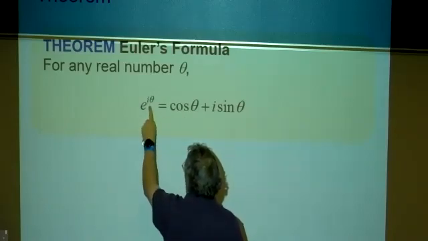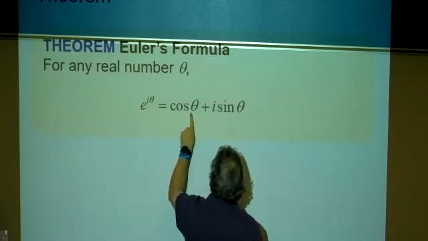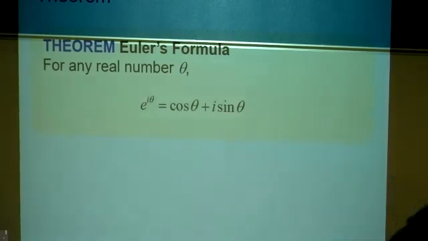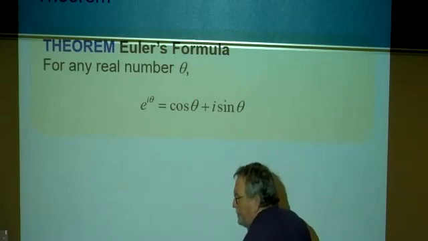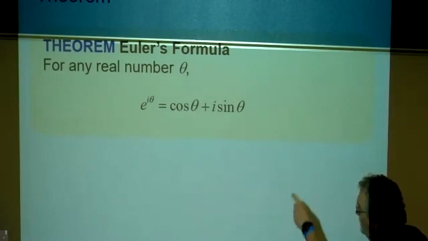And he showed that e to the i theta is the same as cosine theta plus i sine theta. And so if you multiply by r, you get any point on the coordinate plane, where this right here is just on the unit circle, because r is 1.